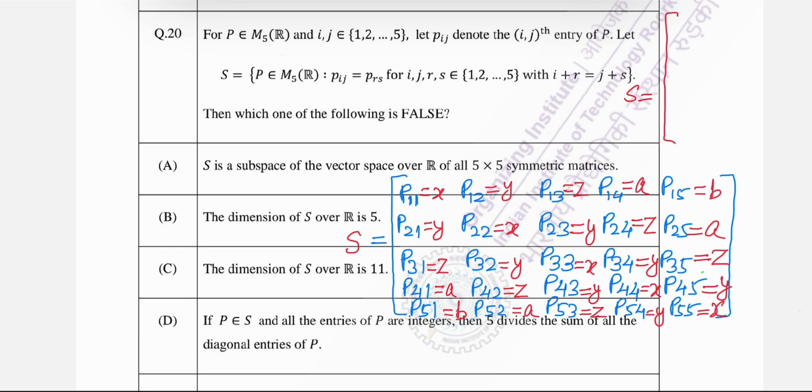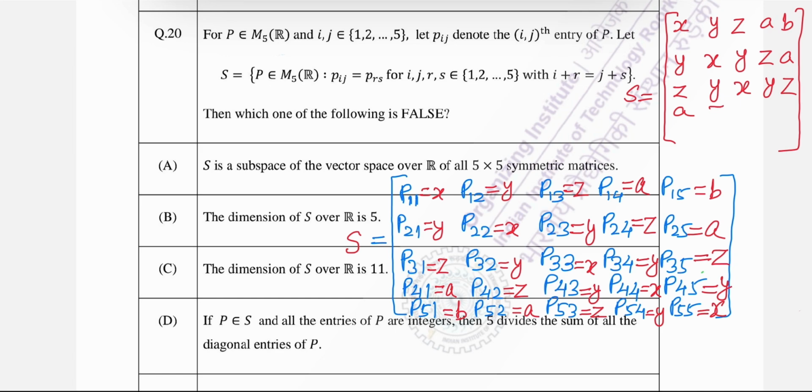Then S equals, you see the first row x, y, z, a, b. The second is y, x, y, z, a. The third row z, y, x, y, z. The fourth row is a, z, y, x, y.